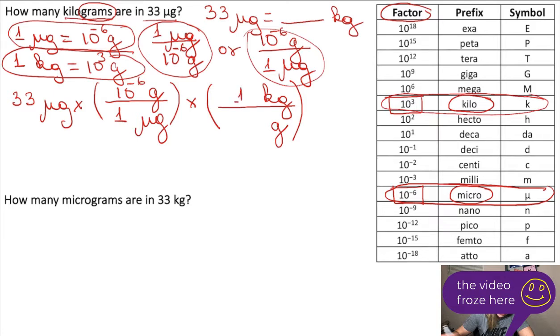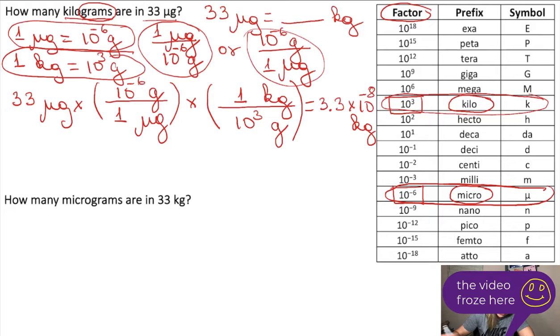So 1 kilogram is 10 to the third grams. Now, if you plug this into your calculator, what you are going to get is 3.3 times 10 to the negative 8th kilogram. Okay, is there a simpler way of doing this calculation?